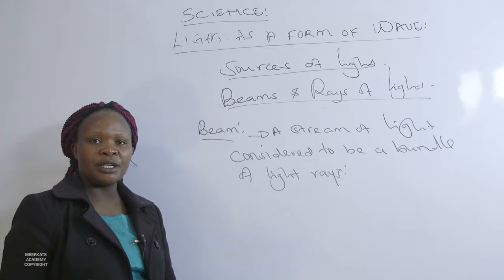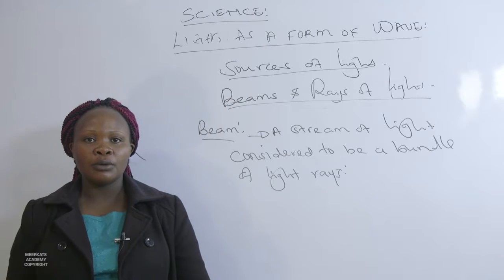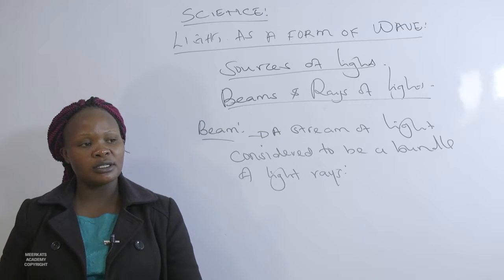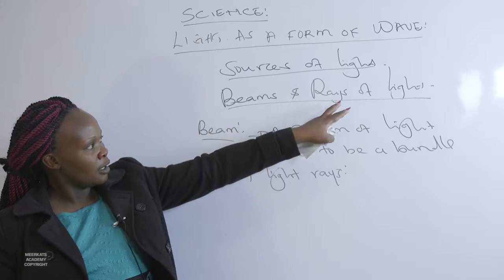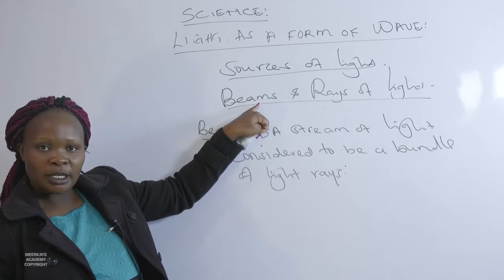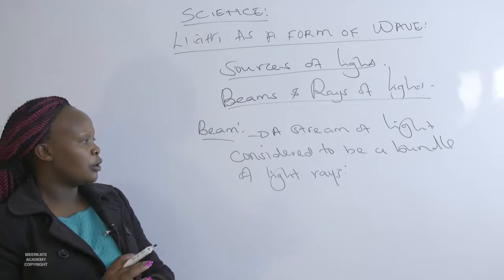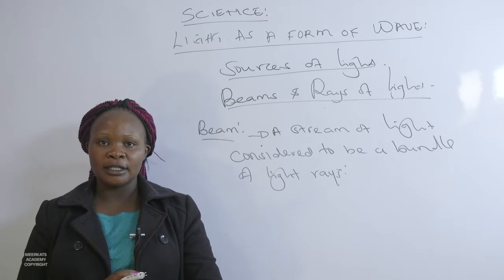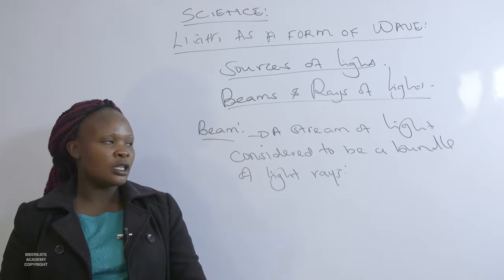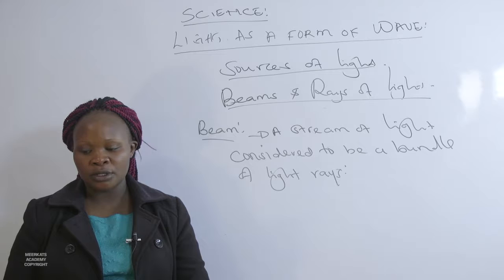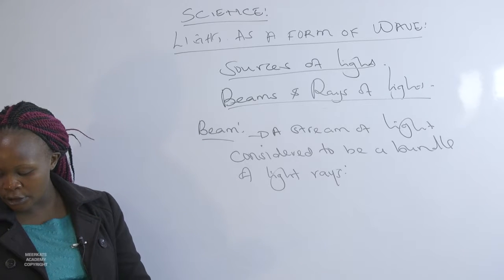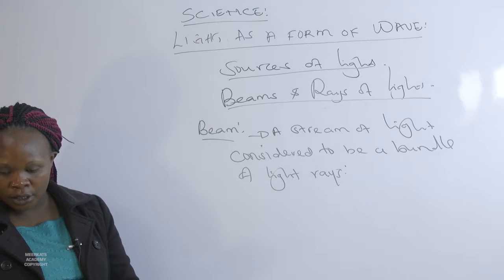When you have many rays pointing towards the same direction, then they cease to be rays. Now we give them the term beam of light, and they should have the same direction, and probably because they are from the same source, the intensity should also be the same.